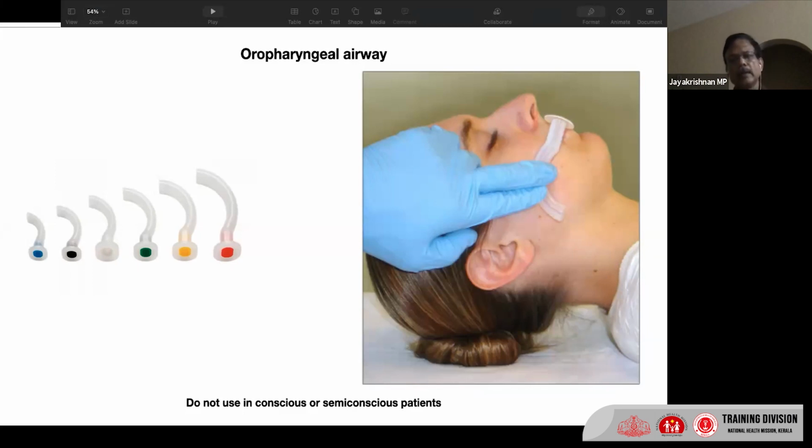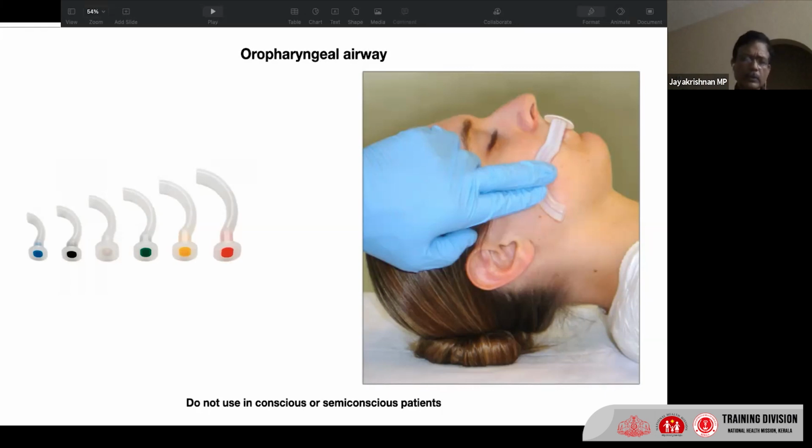and also by maneuvers like head tilt, chin lift, or a jaw thrust maneuver, like what Dr. Ajit Krishnan mentioned. It's important that you select the proper size of the oropharyngeal airway. It's there in the picture. It's measured from the mouth, at the level of the incisor teeth, to the angle of the mandible.